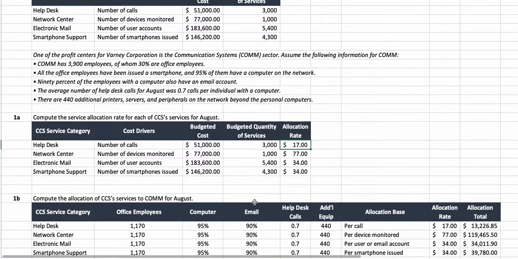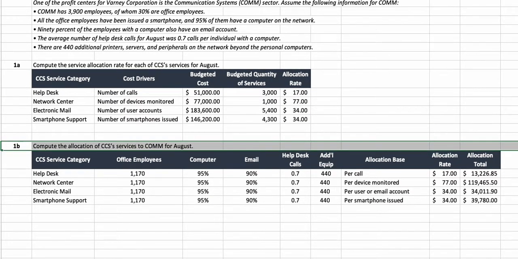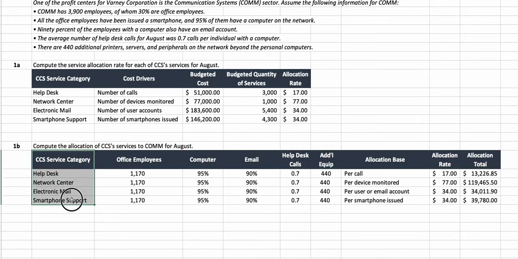All right, now we want to go to this next portion. We want to compute the allocation of the services, or the cost of the services, to the profit center. So we went ahead and set it up the same way. We have our 4 categories, but then we needed to calculate just the office employees.